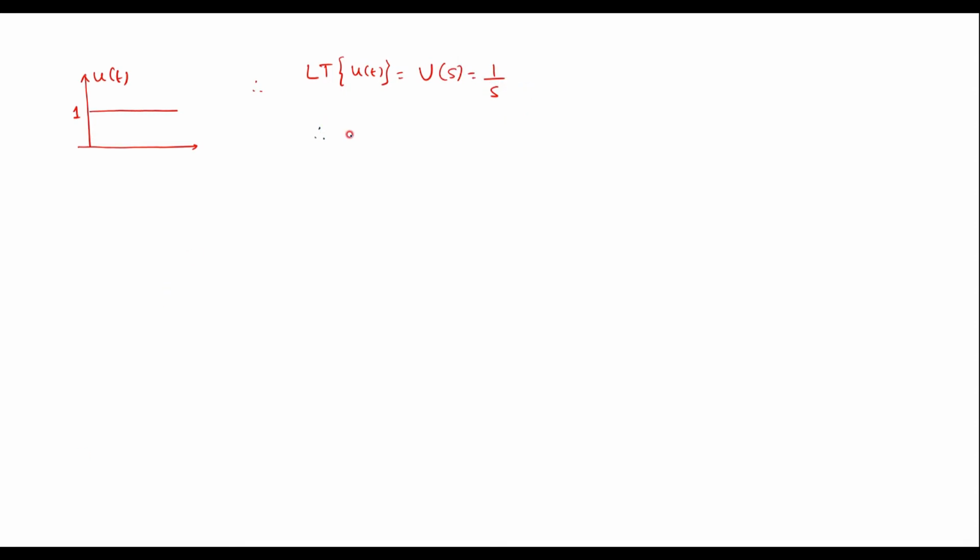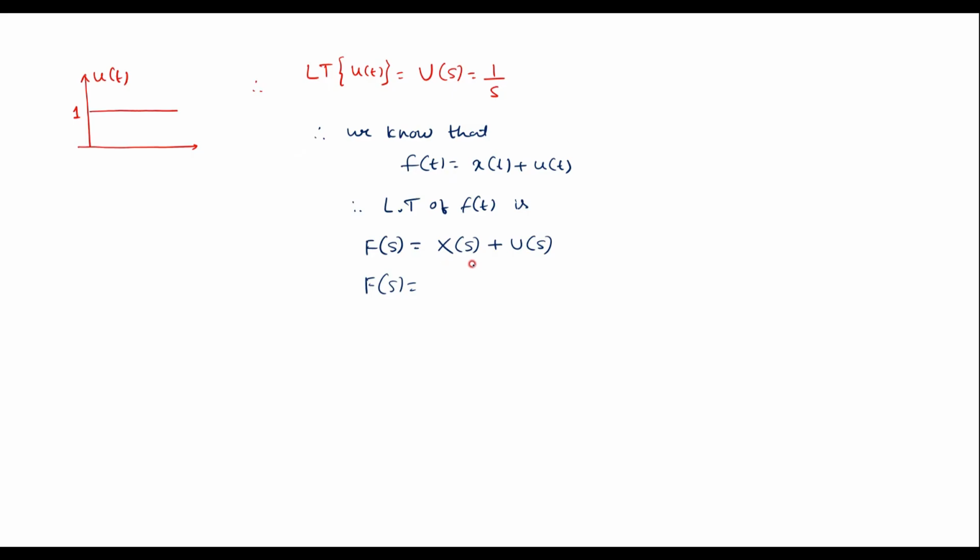So we know that f of t is equal to x of t plus u of t. Therefore, the Laplace transform of f of t is f of s is equal to x of s plus u of s.